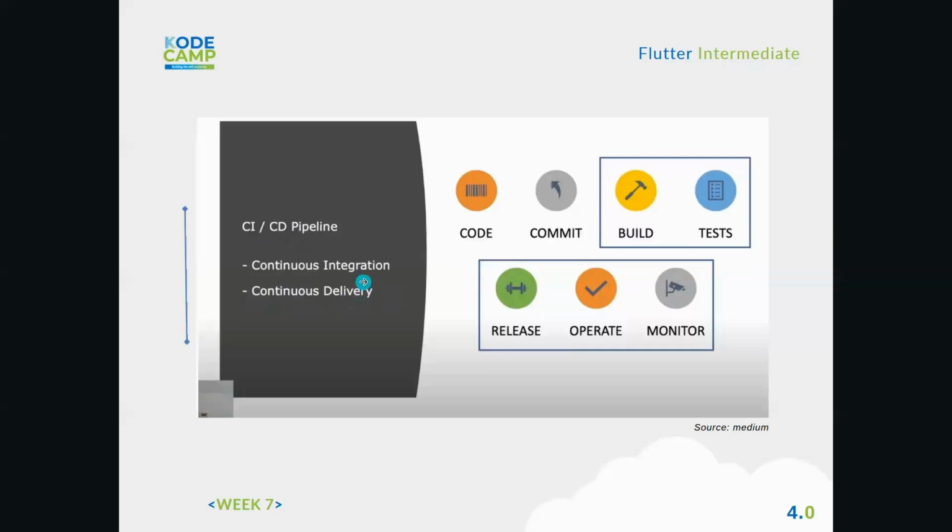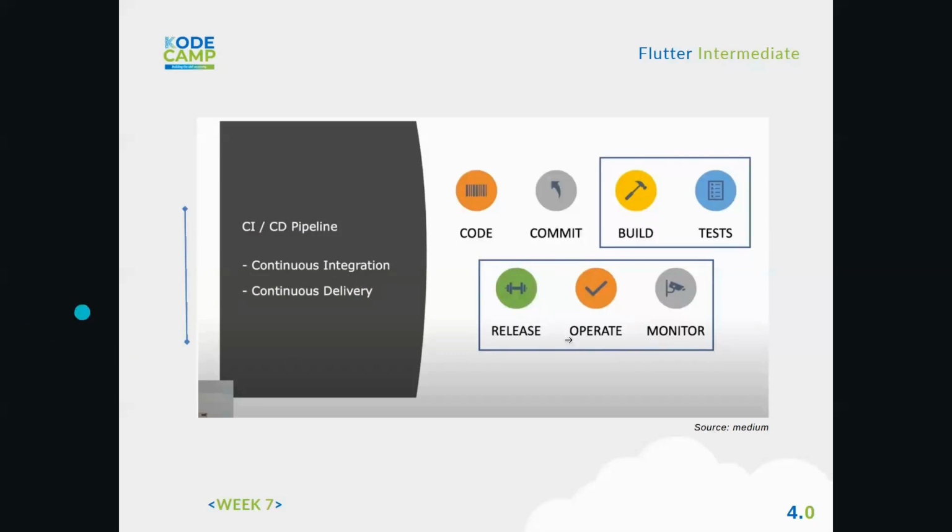The CI, continuous integration, can be defined here as build and test. Now the CD belongs to the category where you release. So you build, write your code, you test, and then you release, and then operations, and then monitoring. So this falls under continuous delivery.